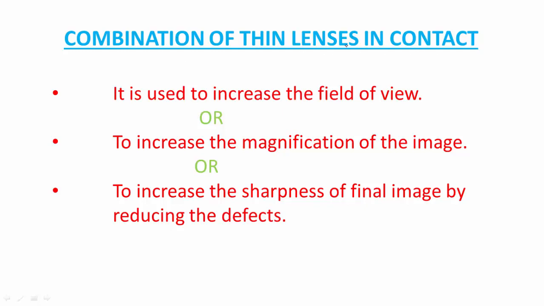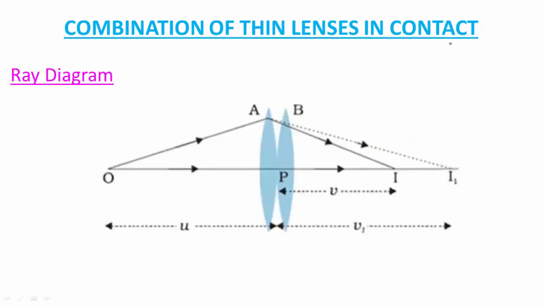Now I am going to derive an equation for combination of thin lenses in contact. Before deriving this equation, let us observe the ray diagram. Here I am going to consider two convex lenses which are coaxially in contact with each other.